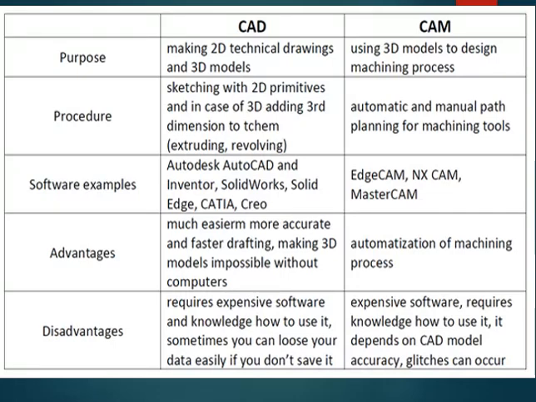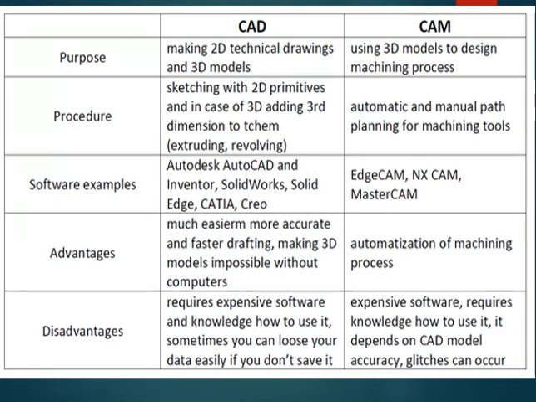First, what is the purpose of CAD? Why is CAD used? CAD is used to create 2D and 3D drawings. 2D drawings are created by using some primitives and drafting options like line and circle. So this CAD is used for designing 2D and 3D models. Next, CAM. Why is CAM used?